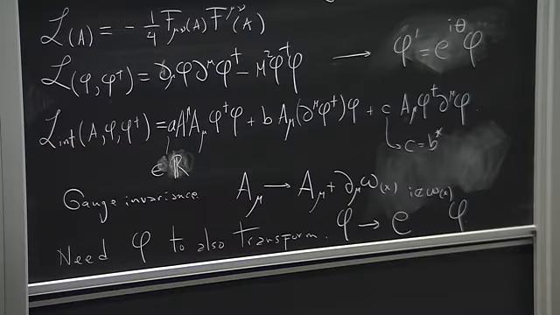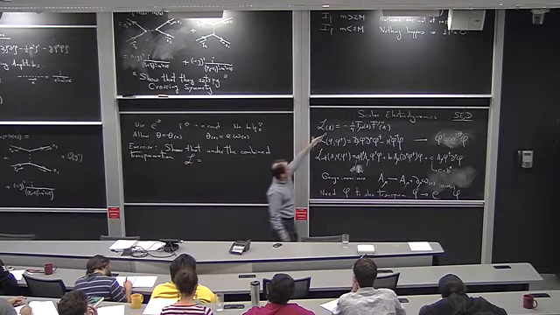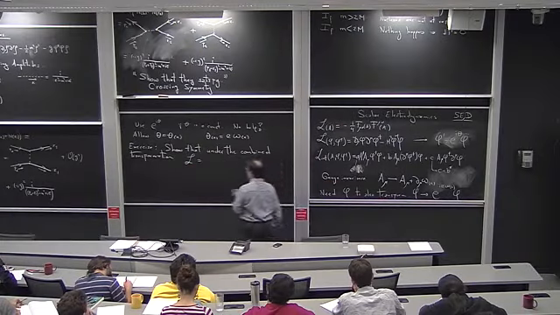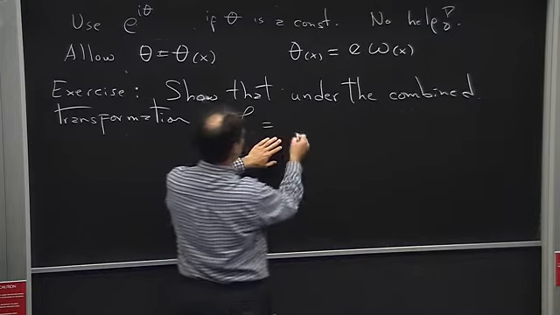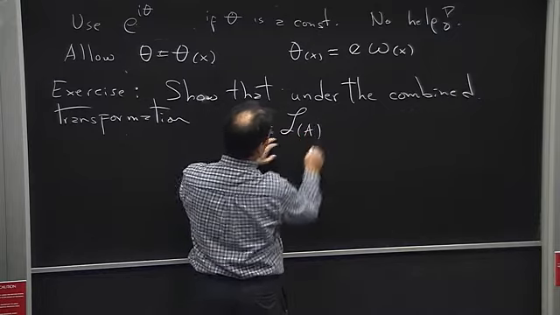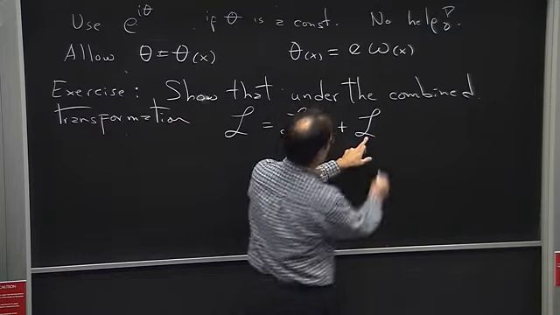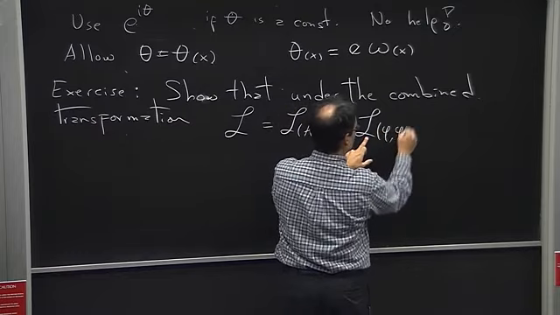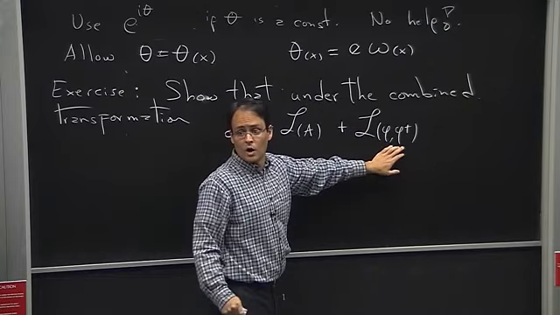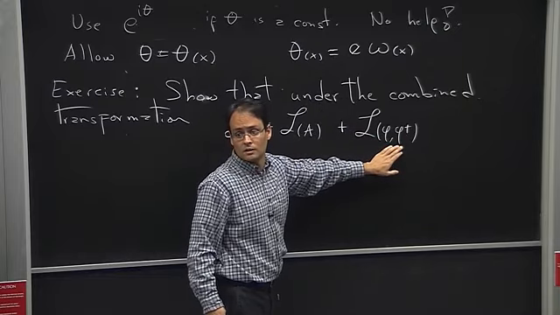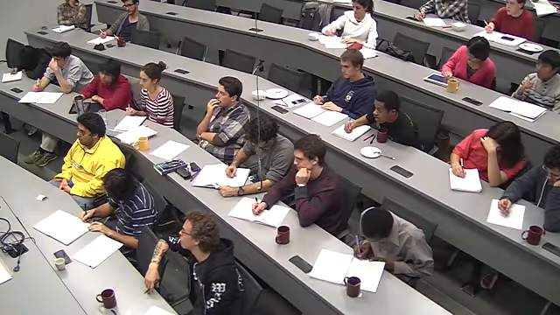the total Lagrangian, well, the first one is obviously invariant, right? This piece is invariant because it doesn't contain anything else but A. So the piece LA is invariant, no problem. Now this will not be invariant anymore, right? Why is it not invariant? Because the derivative will hit our function and will produce more terms.